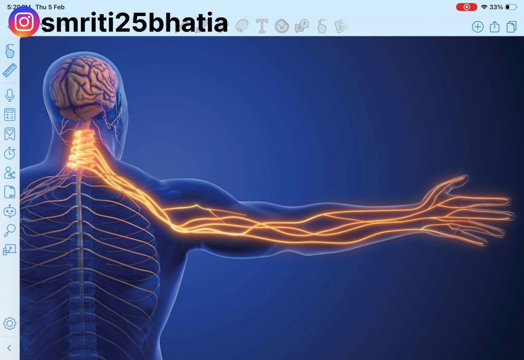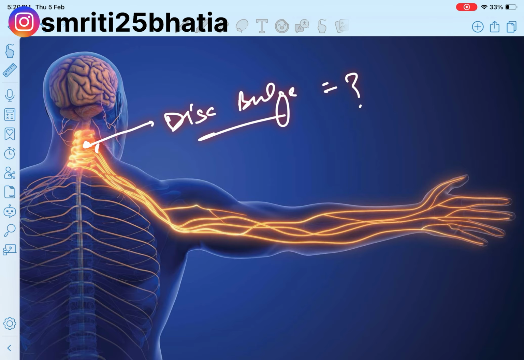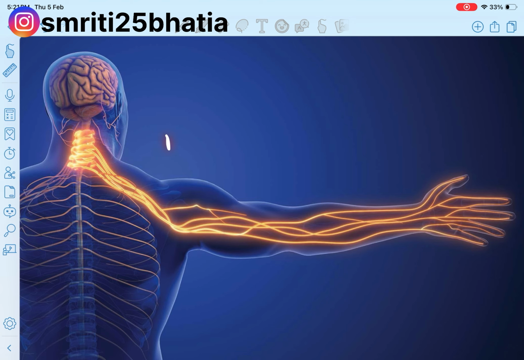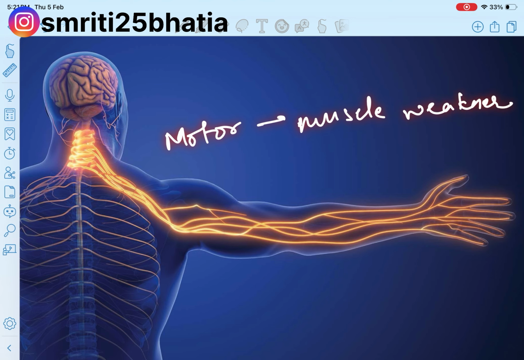What will happen if this gets compressed from here or from here due to a disc bulge? If the nerve gets compressed from over here, the tingling sensation will start all the way over here. In case of the motor nerve, we will see muscle weakness if the nerve gets compressed.